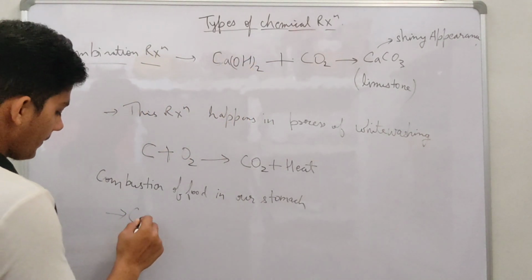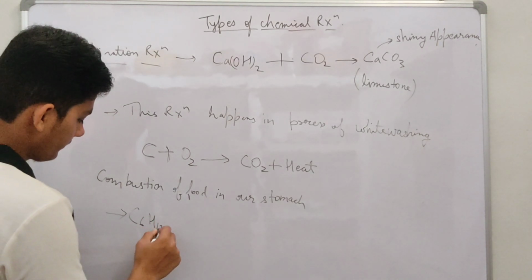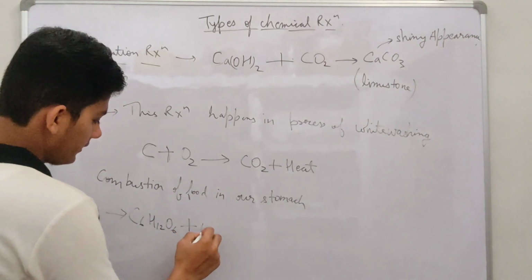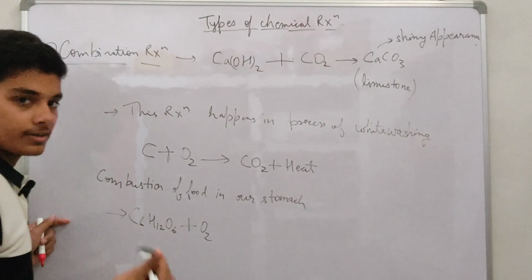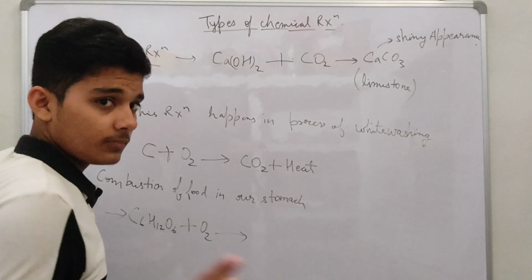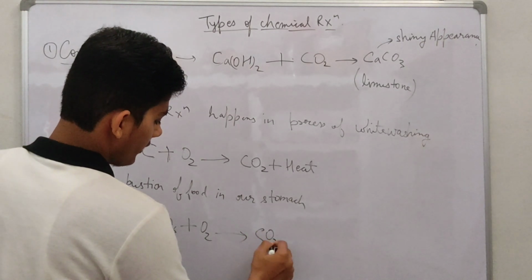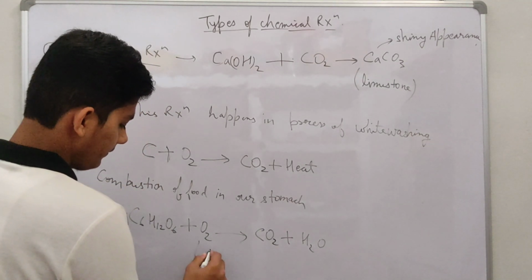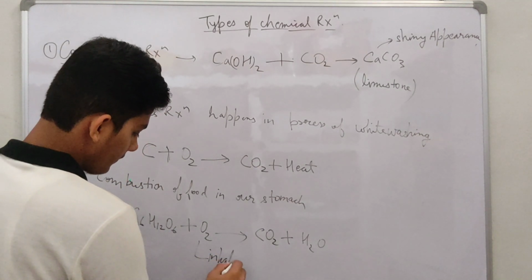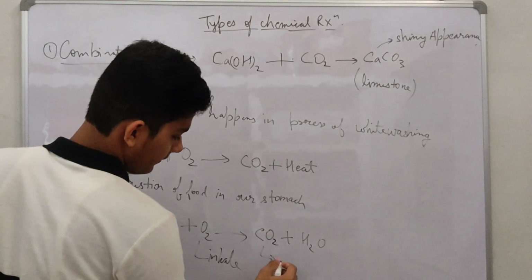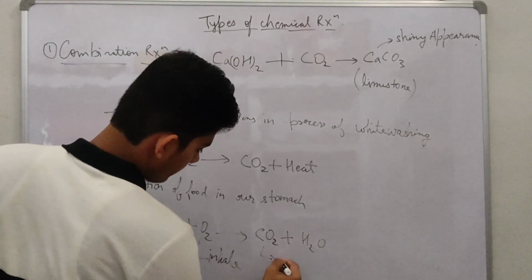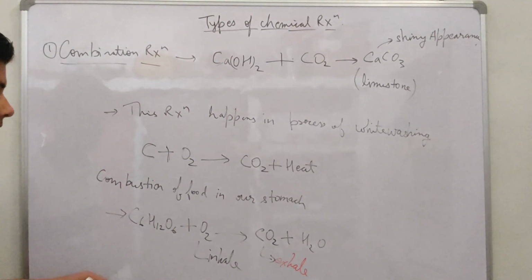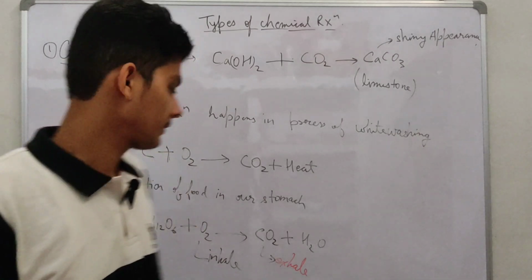What happens here is that C6H12O6, which is basically glucose, reacts with the oxygen we inhale through respiration to give CO2, carbon dioxide, and water. This carbon dioxide is what we exhale. So this is combustion of food in our stomach.